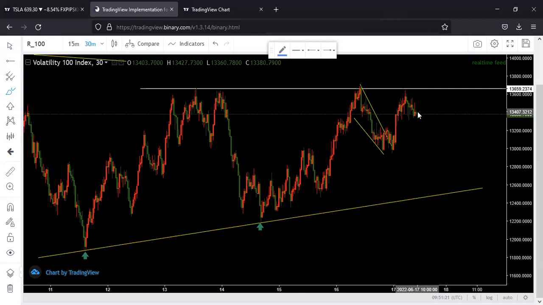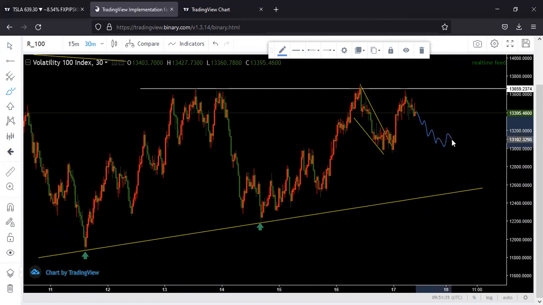Maybe it is possible it can go down so that it can complete this correction. So you see, then this is possible, but probably it can go more down for the third touch.